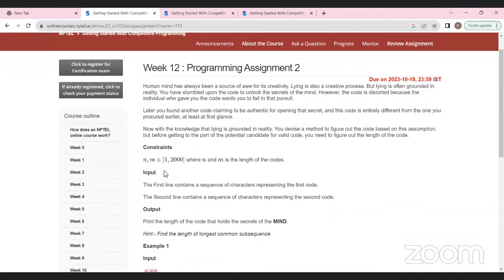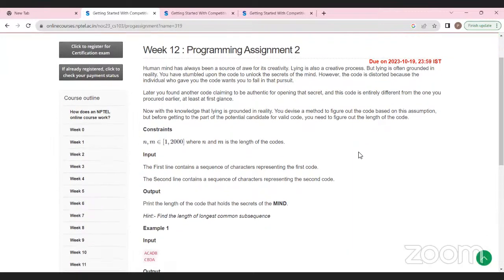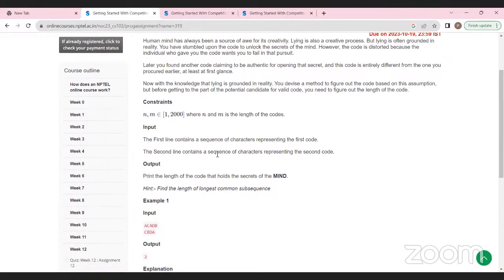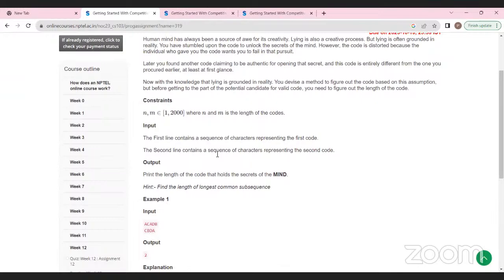Now, with the knowledge that lying is grounded in reality, you devise a method to figure out the code based on this assumption. But before getting to the part of the potential candidate for the valid code, you need to figure out the length of the code. So the input is: the first line contains the sequence of characters for the first code. The second line contains the character sequence for the second code.